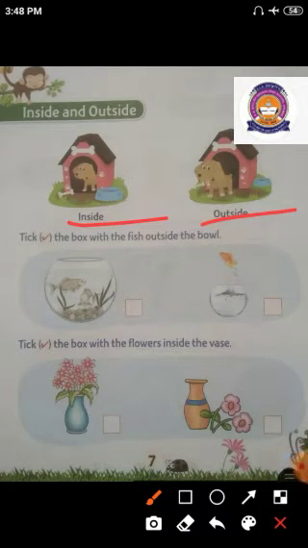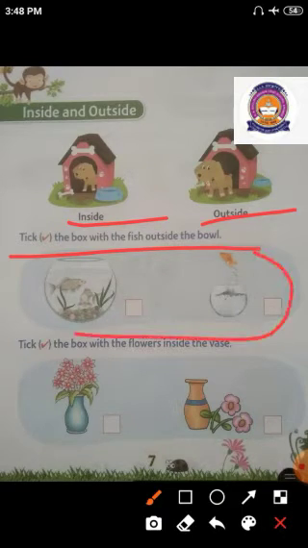Okay. Look at the heading. Tick the box with the fish outside the bowl. According to the two pictures, what is the difference? In the first picture, two fishes are there in the fish bowl. Inside the fish bowl, how many fishes are there?